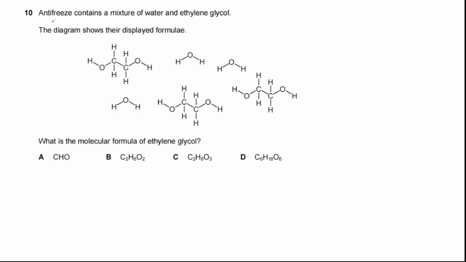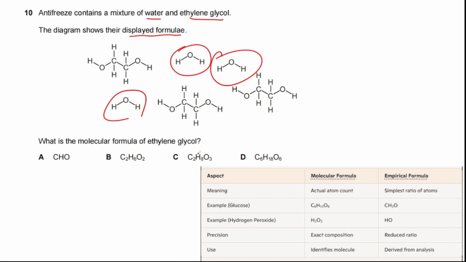Question number 10. Antifreeze contains a mixture of water and ethylene glycol. The diagram shows the displayed formula. So you can find the water here, the 3, and the other 3 is representing the ethylene glycol. What is the molecular formula of ethylene glycol? Molecular formula means it has the actual atom count, the exact composition.